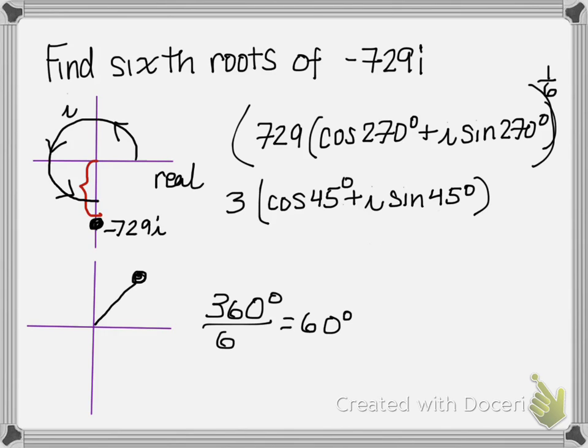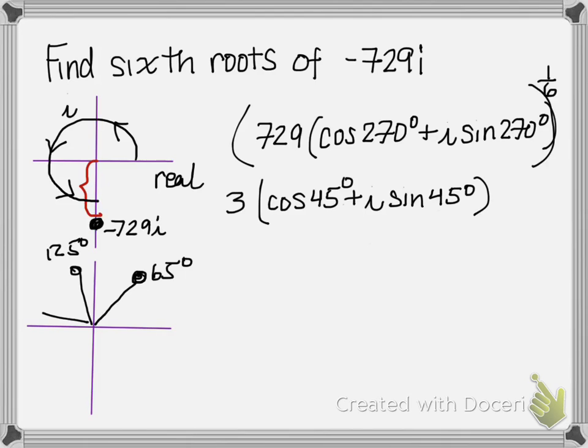They're going to be 60 degrees apart. So if I just draw those quickly here, they'd be here. That was not, I'm not starting at 65. I'm starting at 45.